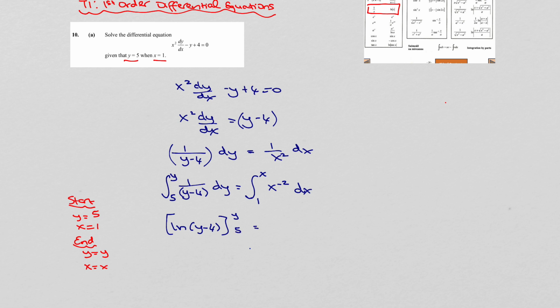If I integrate x to the minus 2, I'm going to add 1 to the power and divide by that power. It's up in the limits of x and 1. So then I have natural log of y minus 4 minus natural log of 5 minus 4.